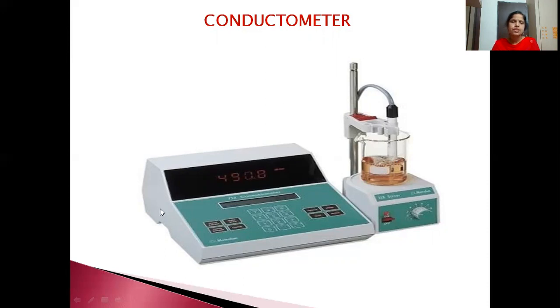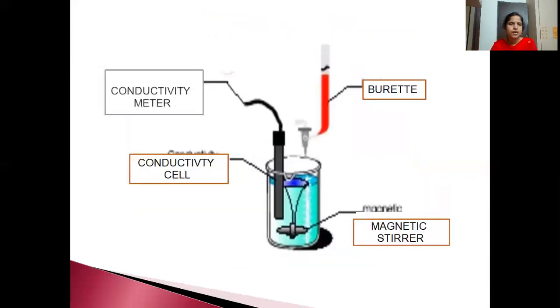After noting down the values, we plot a graph. In that graph, we get two lines which intersect each other. That intersection point is the end point or the equivalence point. That we will see now.